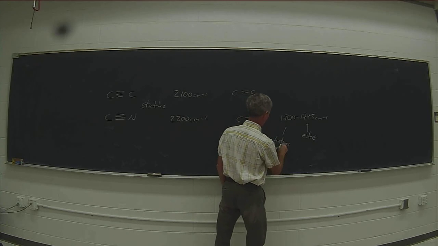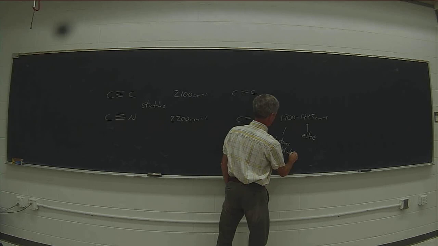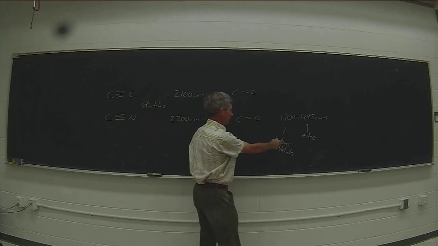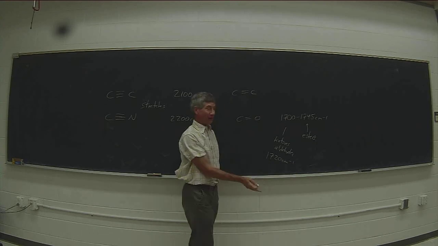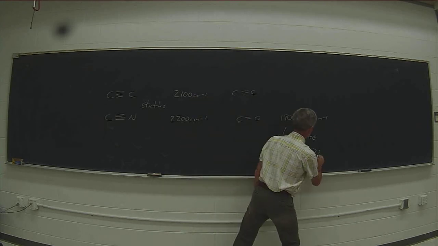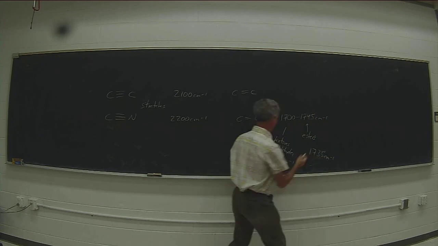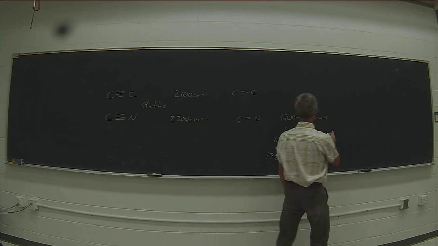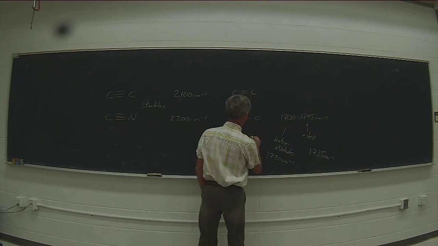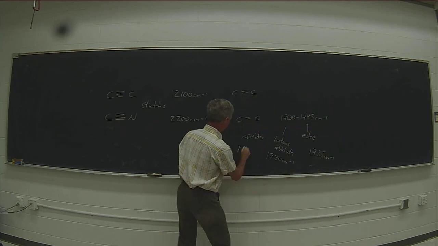Ketones and aldehydes are typically on the lower end of that region. So you might say ketones and aldehydes are typically around 1720 or so, and esters around 1735 or so, so you can usually tell the difference. And amides, in fact, are typically more like 1680.